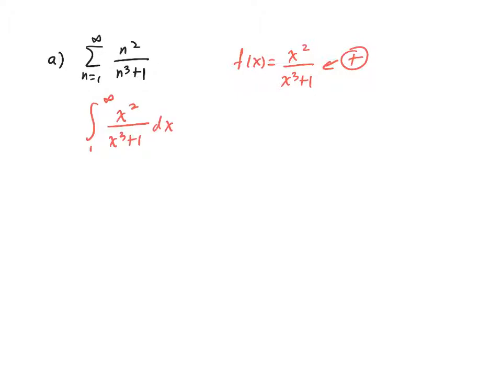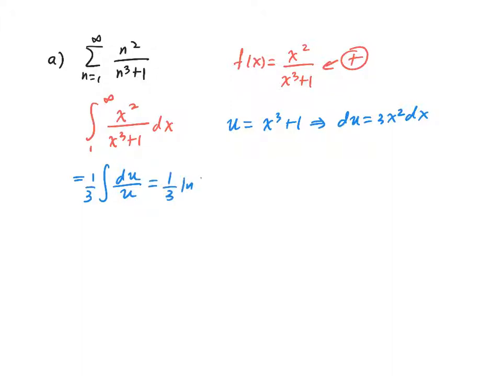We need a substitution. Let's say u is x cubed plus 1, then du is 3x squared dx. So then this becomes the integral of 1 over 3 du over u, which is 1 over 3 ln of u, which is 1 over 3 ln of x cubed plus 1, and this will go from 1 to infinity.